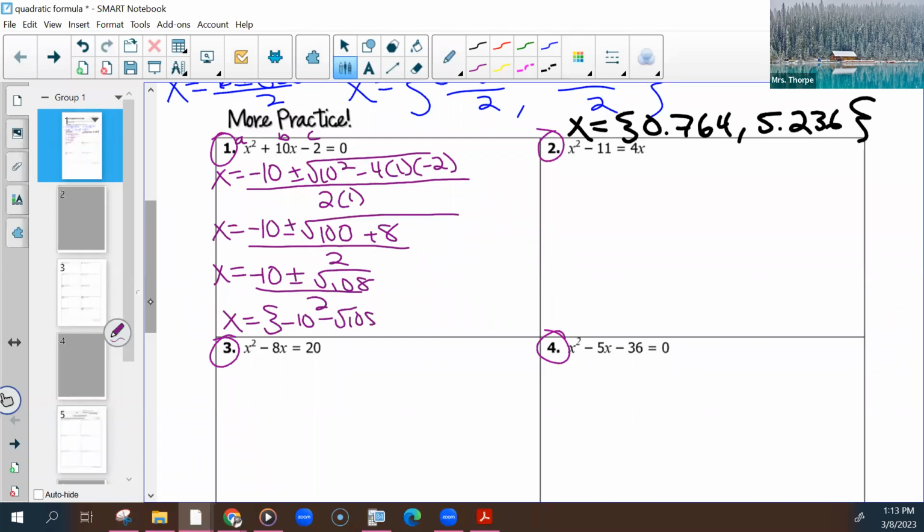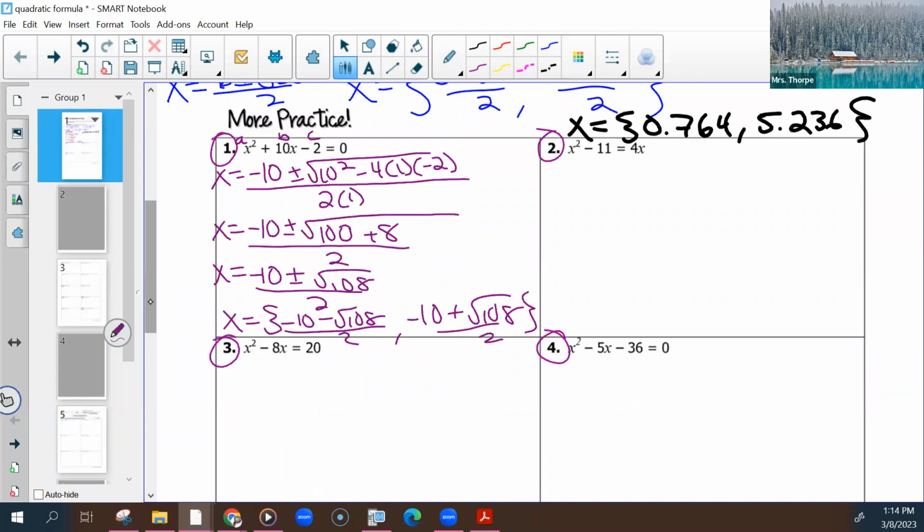Negative 10 minus the square root of 108 over 2, and negative 10 plus the square root of 108 over 2. Or you can do the decimals, which I'm not doing. Questions on that one? This is not a lot of space, so feel free to grab extra paper if you need it.